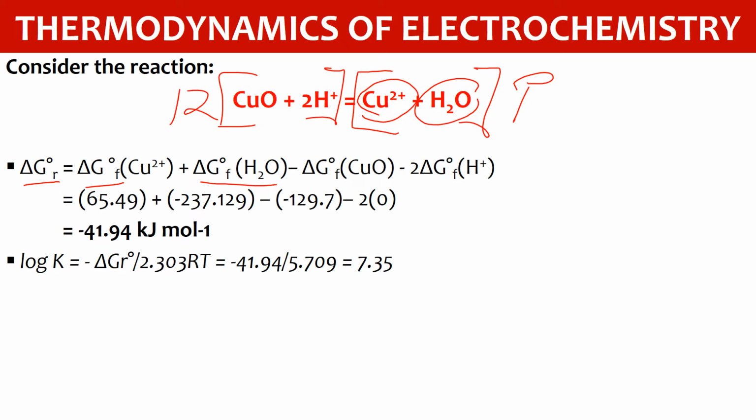Our reactants are CuO and H+. For copper it's 65.9, for water minus 237, and for CuO minus 129, and for the ion it's 0. Then the delta Gibbs free energy for this reaction is 41.94 kJ per mole.